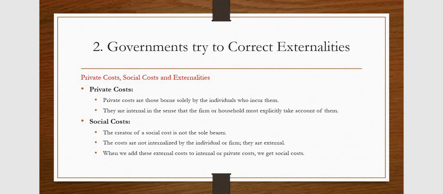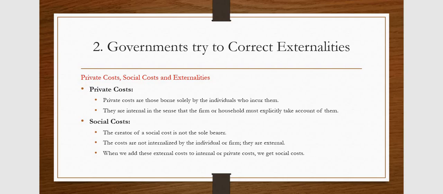They do not factor in anything like the pollutants they are releasing into the atmosphere. They do not pay for anything like that. So the only cost that they incur is the private cost. And the private cost is the internal cost, or also the cost of production, right? So assuming you are a firm into soft drinks making, the private cost is the cost that the firm incurs. I hope you get that.